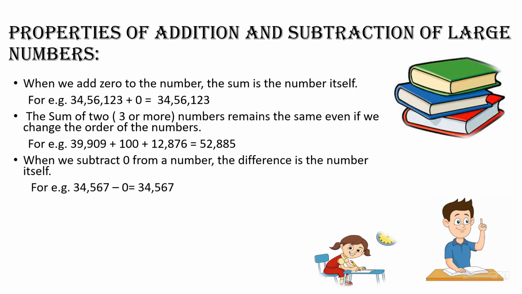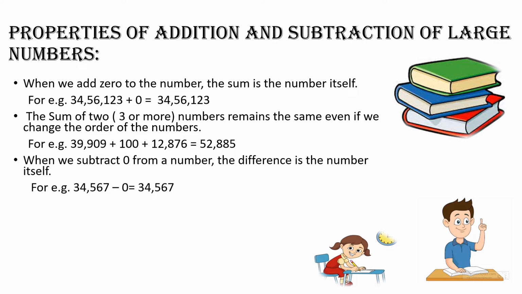So even if I change the order, which means 100 plus 12,876 plus 39,909, the sum will remain the same, which is 52,885.